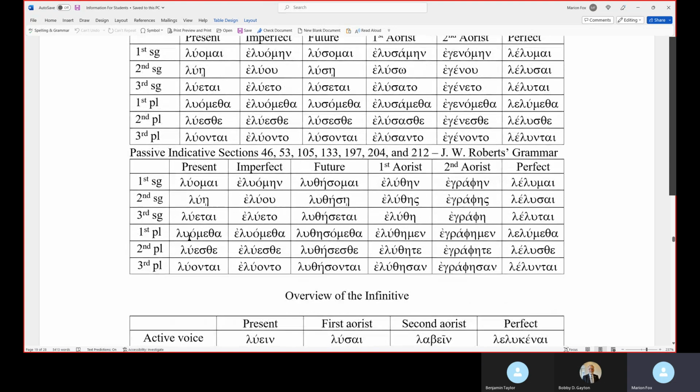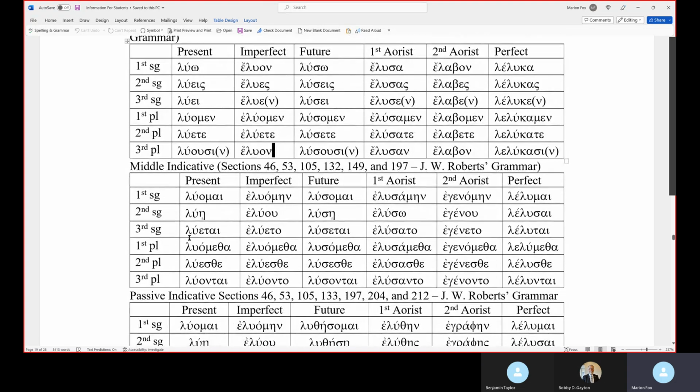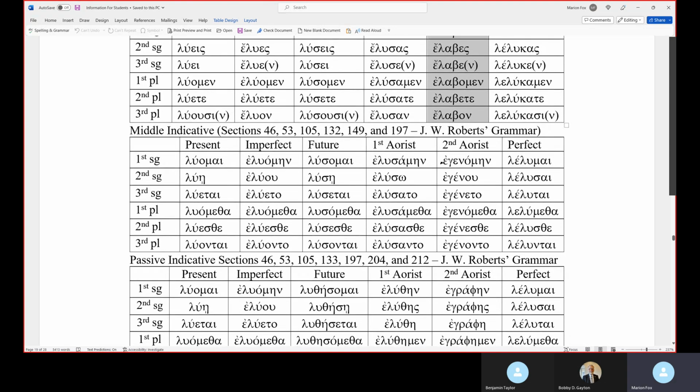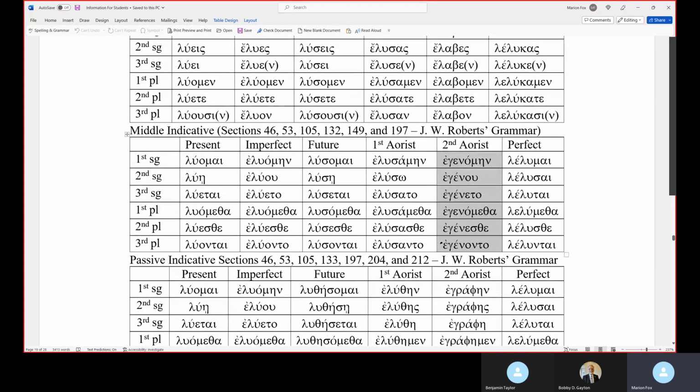And I think we'll also be looking at our middle form for it too. You notice it's labon, the same word that we have in Robert's grammar here. And then for the second aorist, we have a different word down here that we're going to use. So this is your second aorist, and this is second aorist middle. This is middle voice down here.